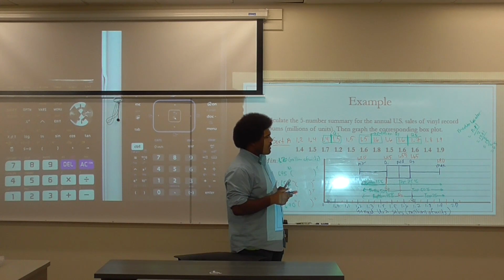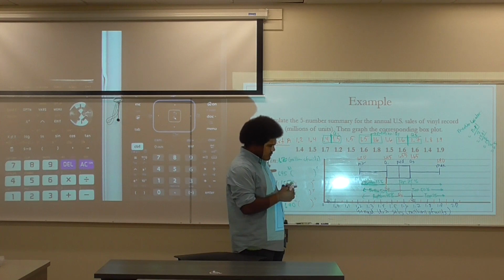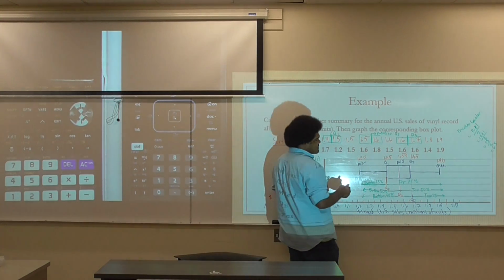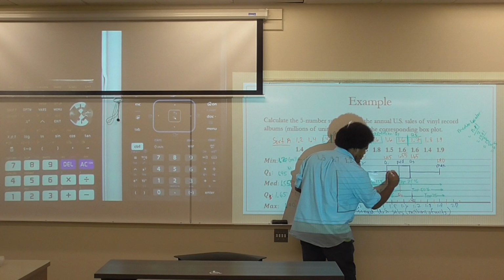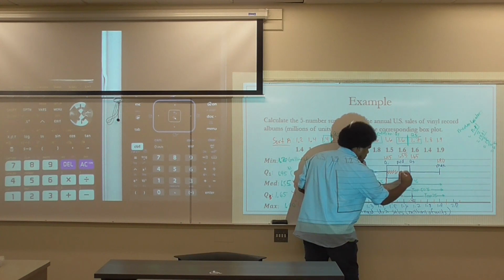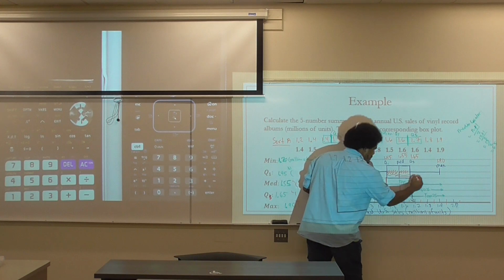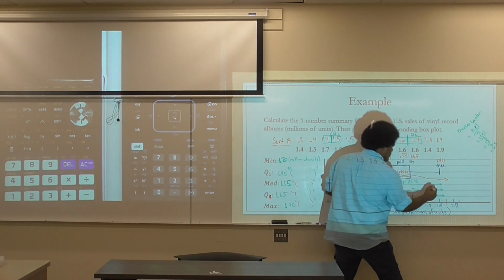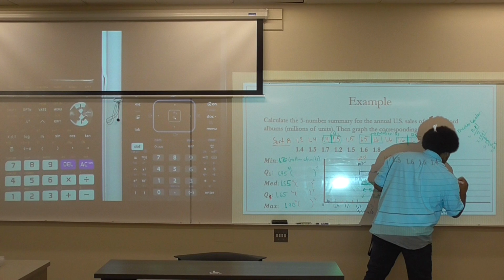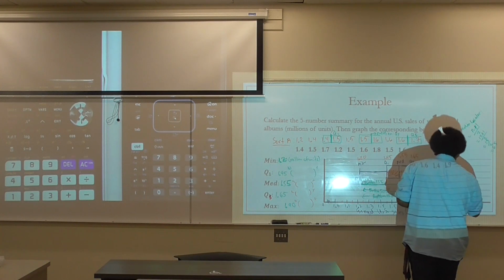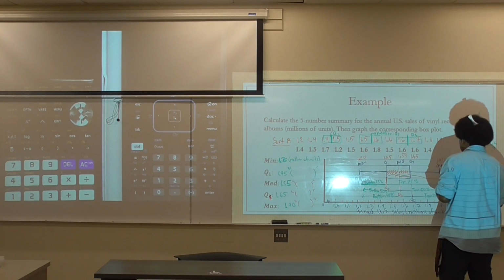So what is IQR? Like I showed you before, IQR is a measure of the distribution right here. This whole length right here is your IQR, which is short for interquartile range.